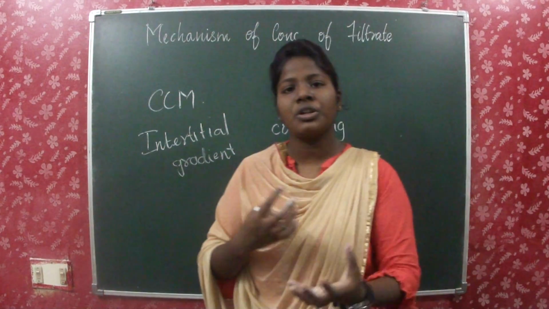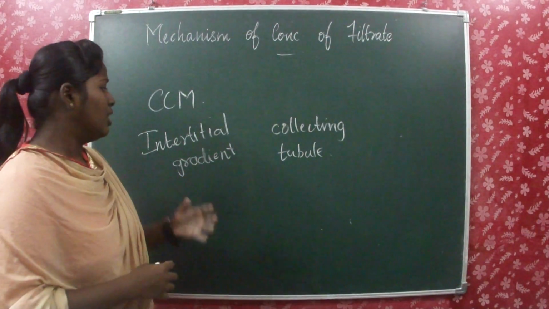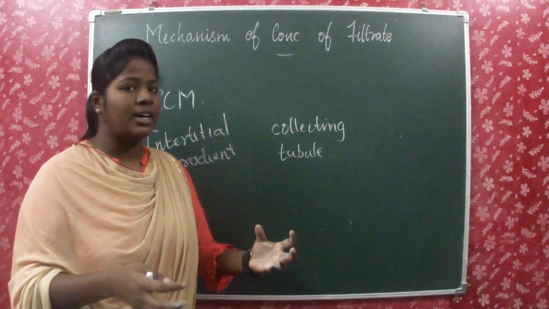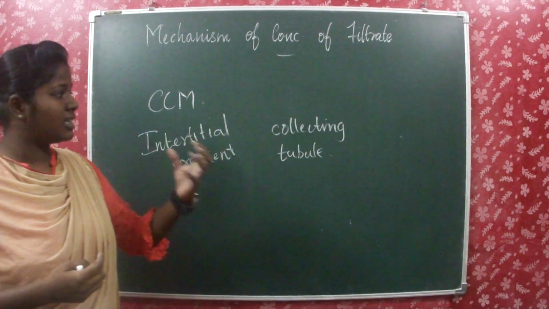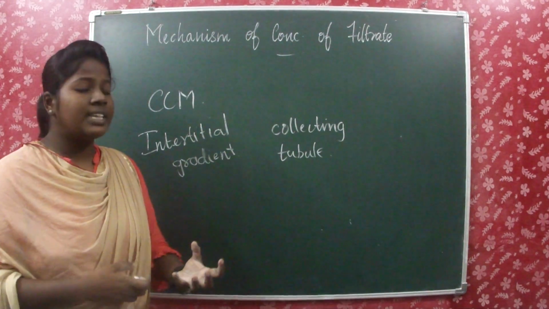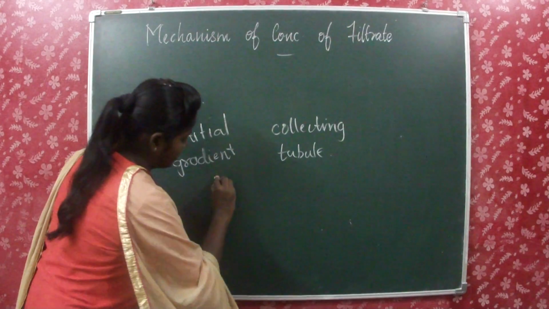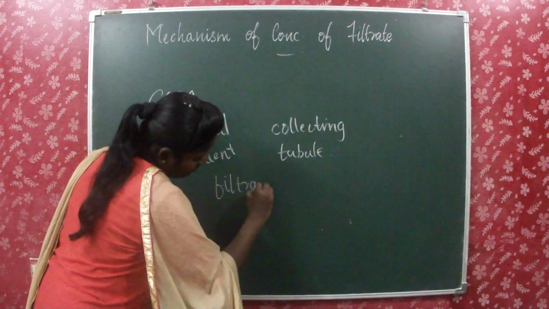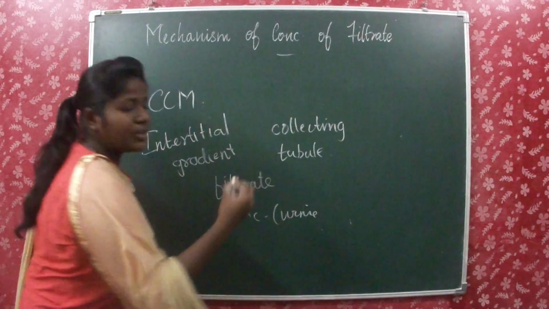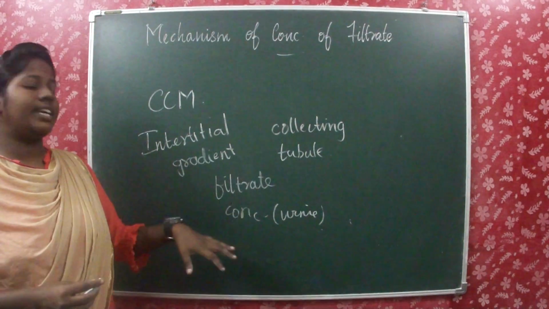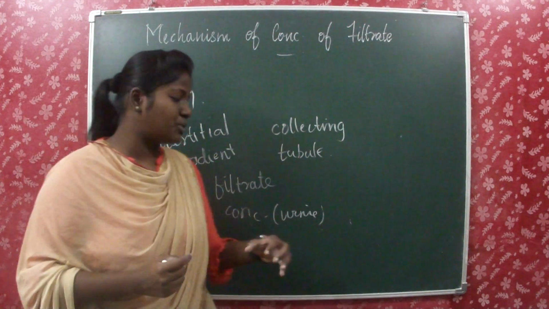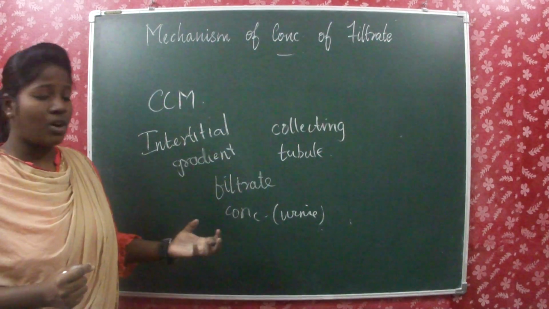As the gradient increases the passage of water, the filtrate that enters into the collecting tubule becomes concentrated. The filtrate formed is urine, we know that very well. It becomes concentrated because of this interstitial gradient, which allows a lot of water to pass through. So this filtrate finally becomes concentrated.